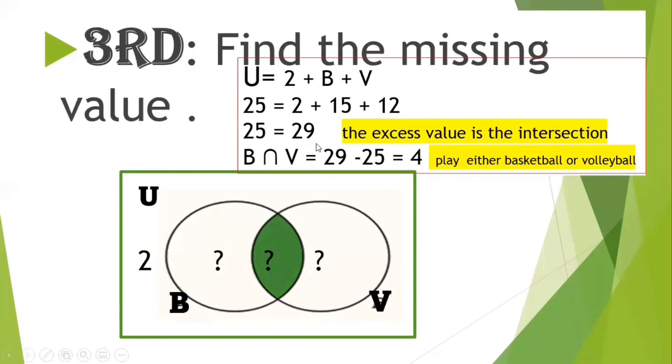Kung mapapansin nyo, ang ating sum ay bigger than our actual group of students, which is 25. Dapat 25 lang siya, hindi siya maging 29. So, what we're going to do, we're going to subtract 29 minus 25. At yung sinubtract natin na 29 minus 25, that will be our intersection.